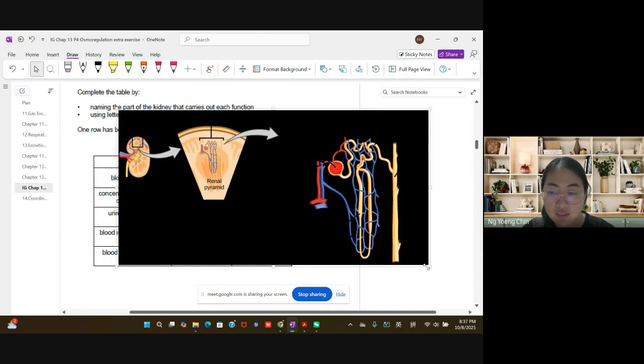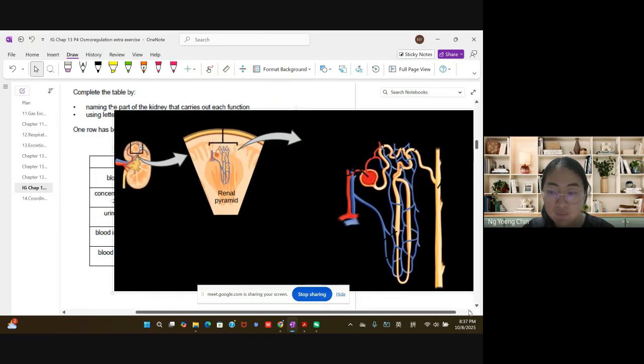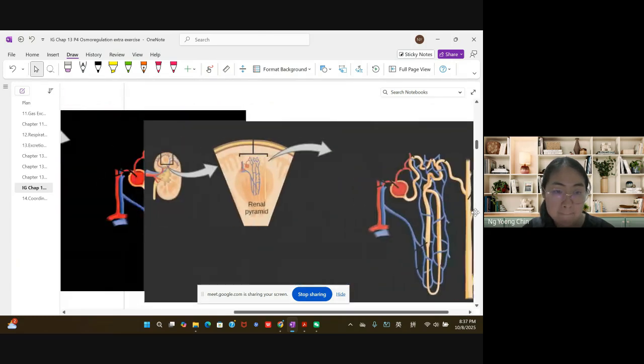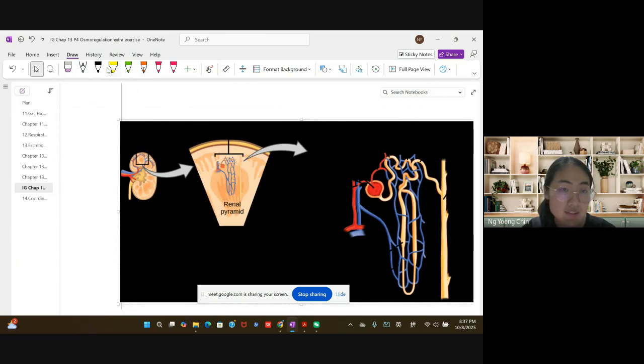You see, this is your whole nephron structure. Here will be the cortex around here. Cortex, I put C. Then here will be the medulla. I put M here. So you can see the cortex is located at the upper side of the kidney section.